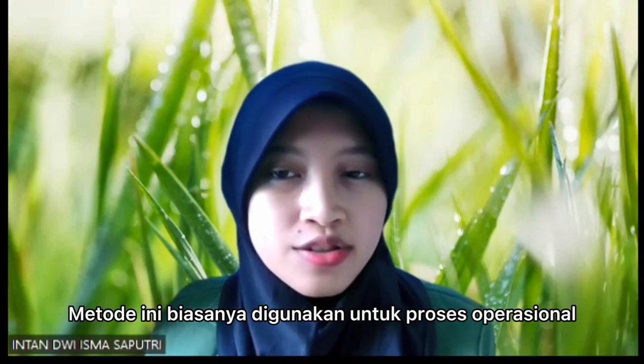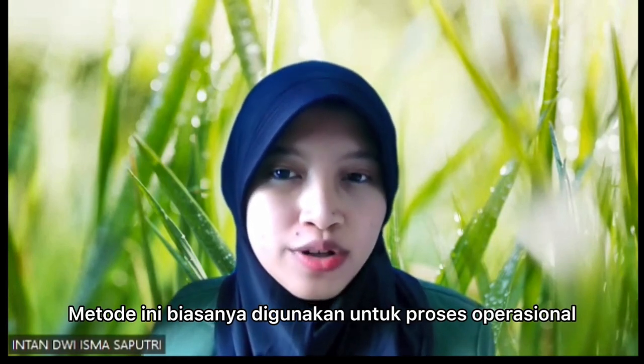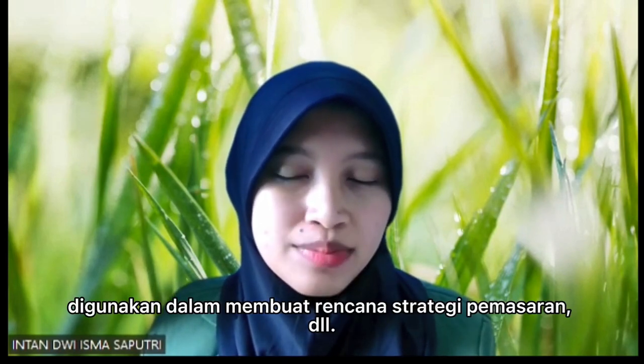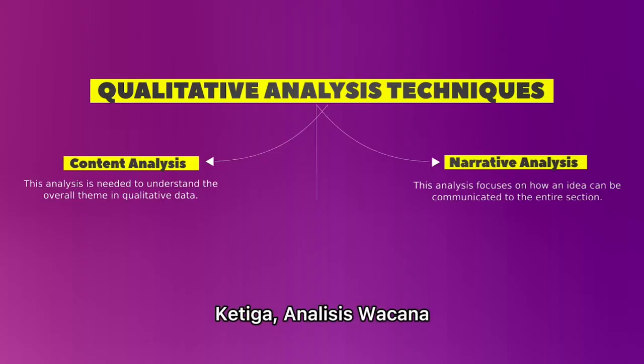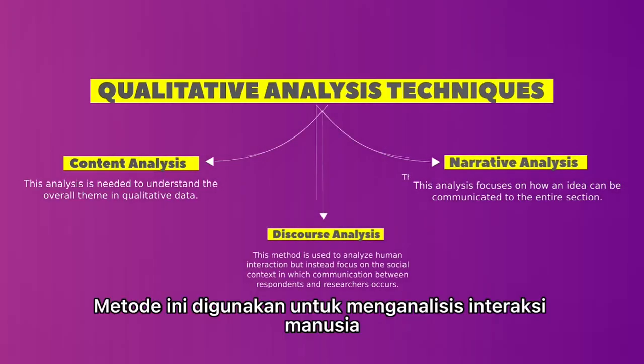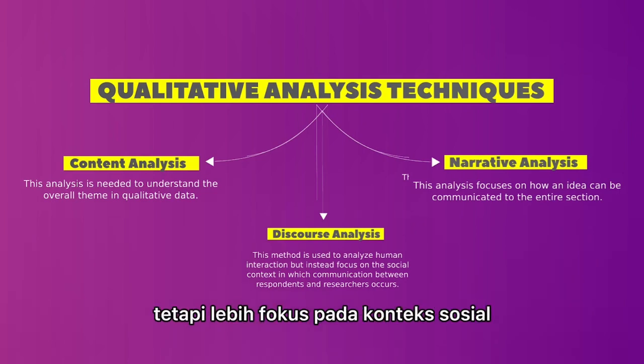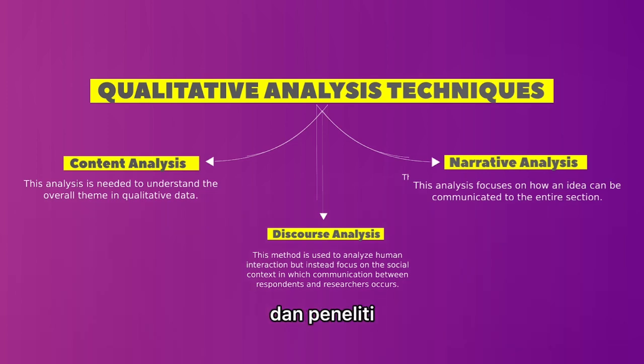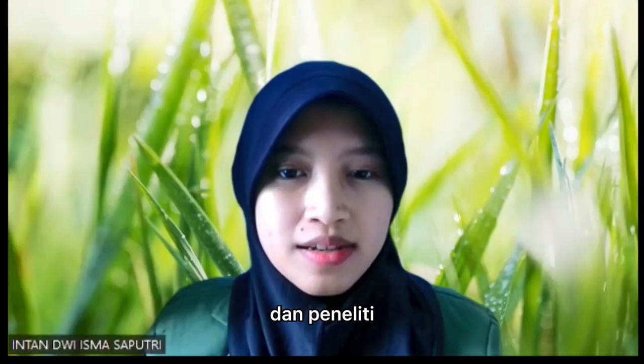This method is usually used for operational processes, and in developing marketing strategy plans, etc. Number 3 is discourse analysis. This method is used to analyze human interaction, but instead focuses on the social context in which communication between respondents and researchers occurs.